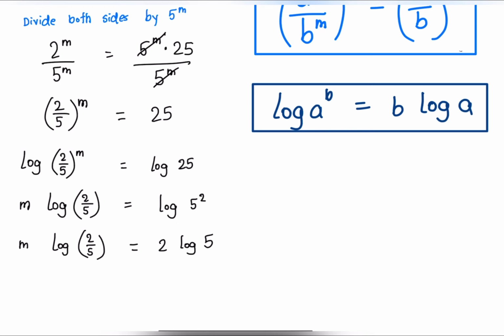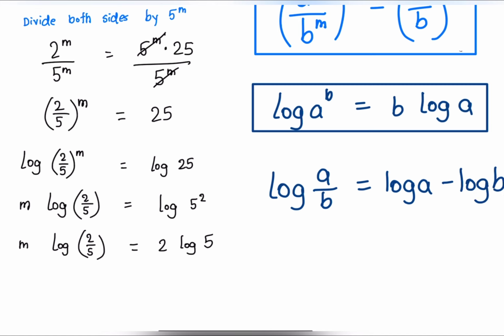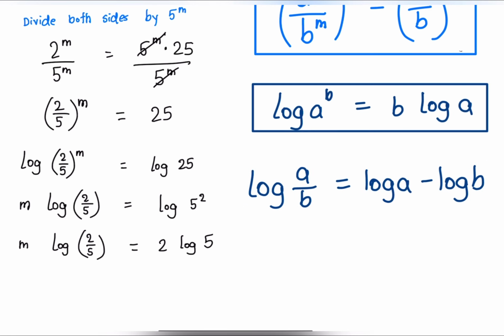So now we're going to focus on the left hand side of the equation, and if you see, we have log 2 over 5. Now there is another rule in log which states that log A over B is the same thing as log A minus log B. We're going to be making use of this too.